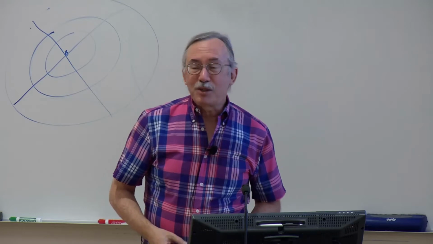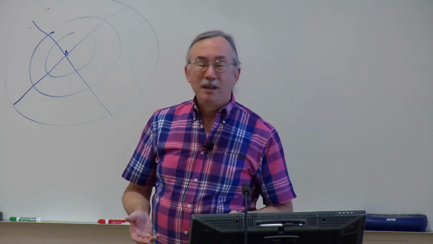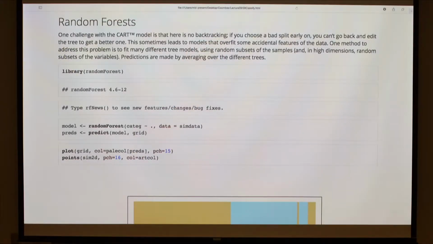Okay? And so there's a tool called random forests, which randomly uses a subset of the data each time to build a different classification tree, and then it makes its predictions by averaging over all the trees in the forest that it builds. Okay? So, not surprisingly, this is clearly not a Unix developer, because they would have just called the function rf.